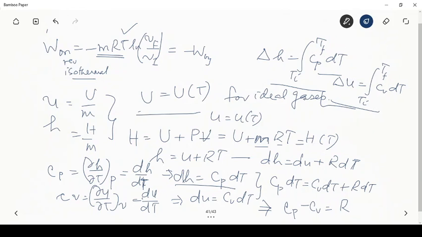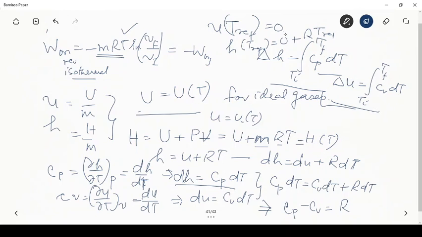And so if you have a T ref at which U at T ref is 0, then H at T ref is going to be equal to 0 plus RT, because H is equal to U plus PV, which is U plus RT. So this is R into T ref.